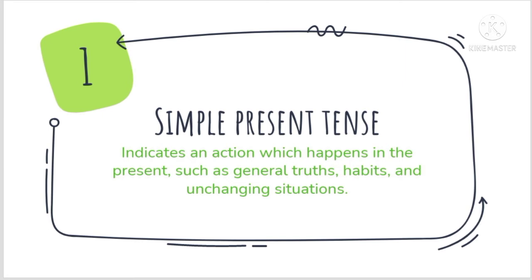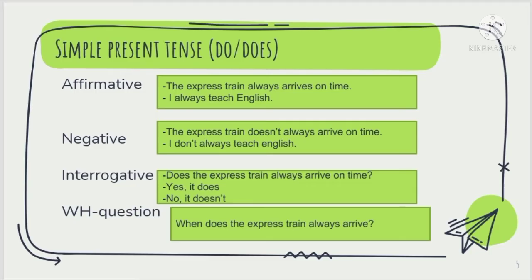Now let's see one by one in each tense. Okay, the first one, simple present tense. We have talked about the definitions of each tense, right? But let me repeat it again. So when you want to make a sentence using simple present, you need to know, okay, this tense indicates actions which happen in the present, or talks about habitual actions and then general truths or facts, right?